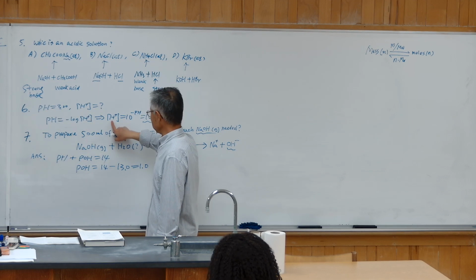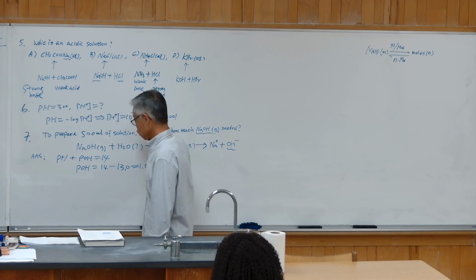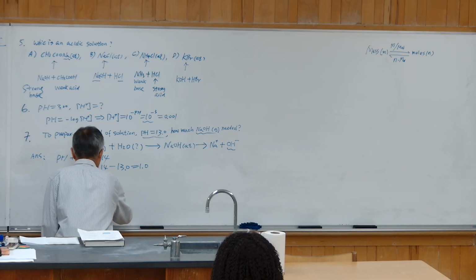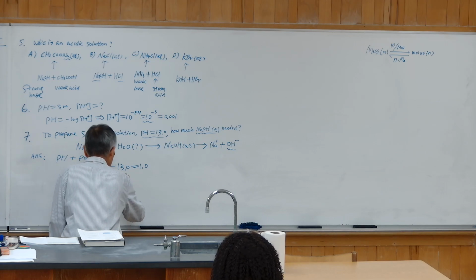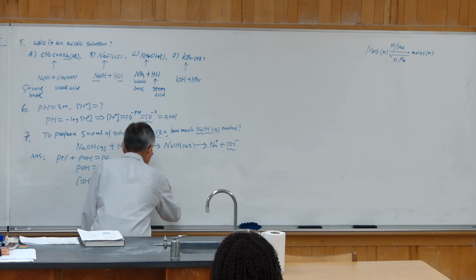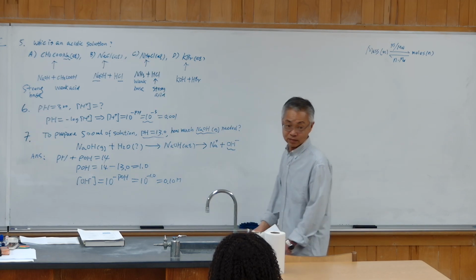Then OH concentration equals 10 to the negative pOH. So OH concentration will be 10 to the negative 1, which is 0.1 molar.